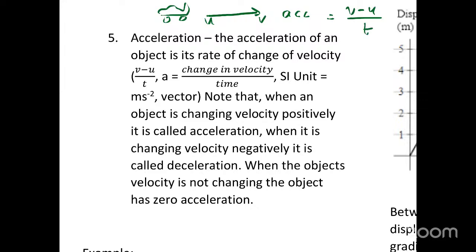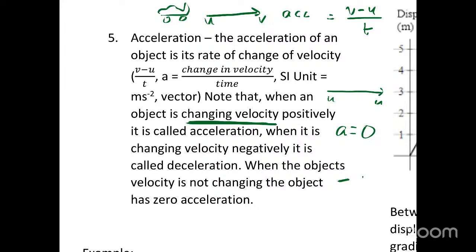What would have happened if the velocity stayed u? Same thing. Well, what will be the acceleration? 0, right? The acceleration is 0. So the only way an object can have an acceleration is if its velocity changes.